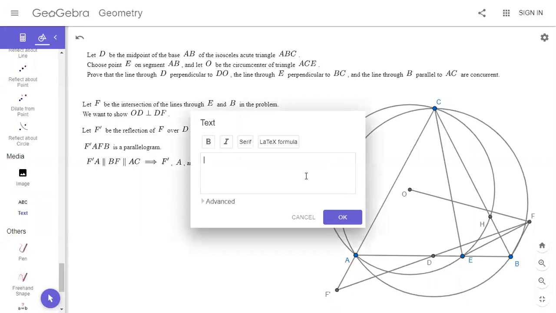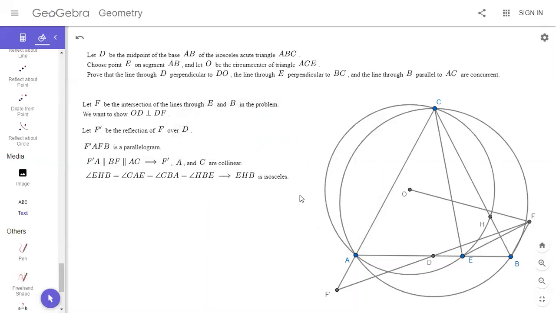Okay. So we have angle EHB equal to angle CAE, which is equal to angle EBA, which is equal to angle HBE. So it's isosceles, right?